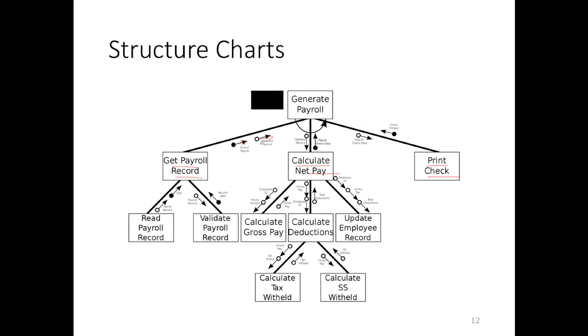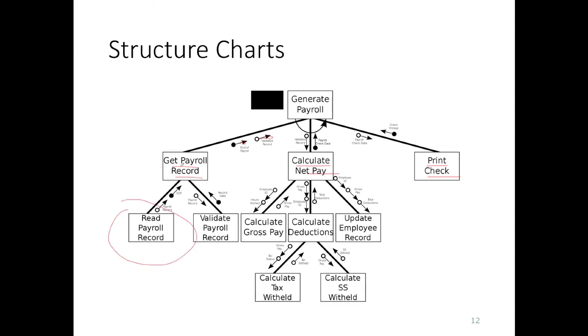At the end of payroll you need to validate the records, and for generate payroll you also need to validate the records and the payroll check dates. Here you need to send the payroll check dates to print a check, and the print a check function needs to send a check printed signal to generate payroll.